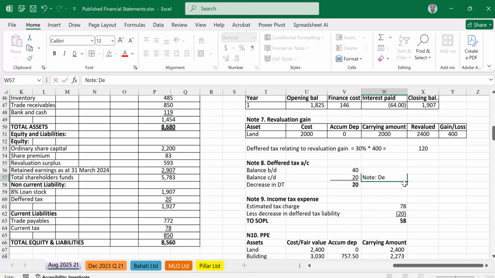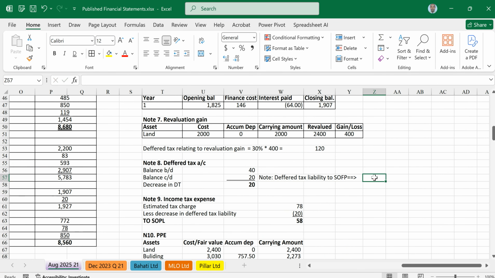Deferred tax liability to the statement of financial position will be the balance carried down, the one that we've gotten here, 20. Or we can do it aside. The deferred tax liability balance carried down, we can just get 20 plus 120.